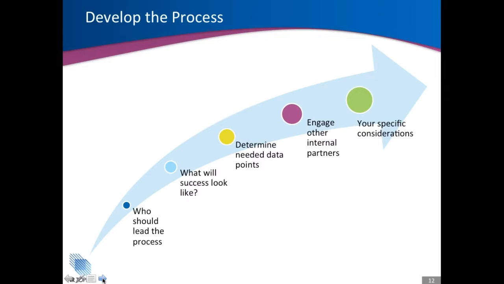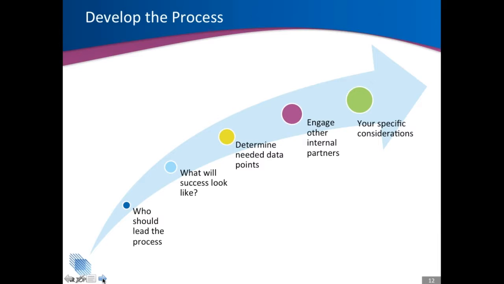So as we talk about the process, I think these are the very 5 critical points that you want to include. First, at the bottom left, we have here making a decision of who's going to lead the process. What will success look like?